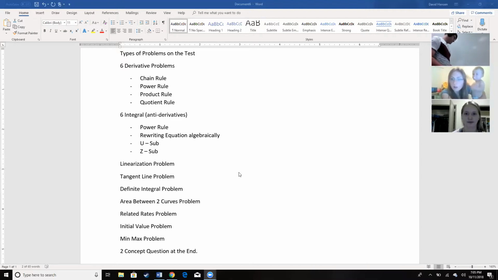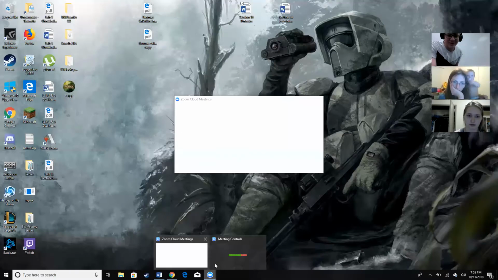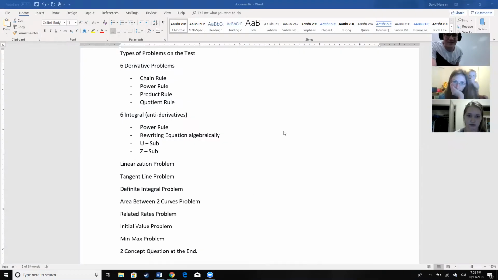When I was looking at chain rule problems, some of the trickier stuff is doing a chain within a chain. Can you see that okay? Yeah, I switched my view and now I can see better. All right. Oh, am I still sharing my screen? Yeah. All right, that's probably why. Here, I'll stop sharing my screen.